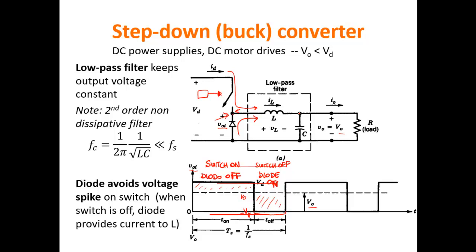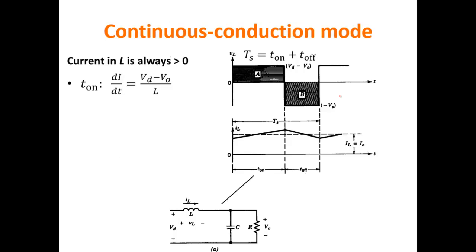This is the voltage on the inductor. So, as I just said, during T-on it is VD minus VO, and during T-off it is equal to minus VO.